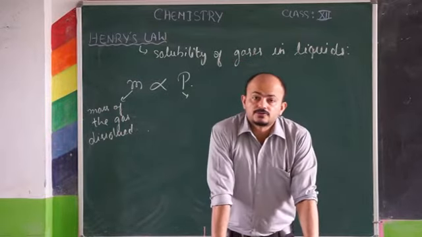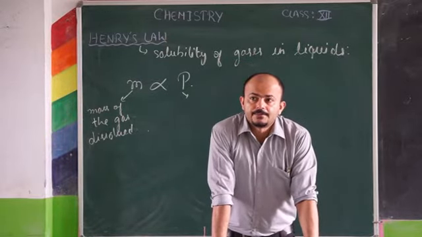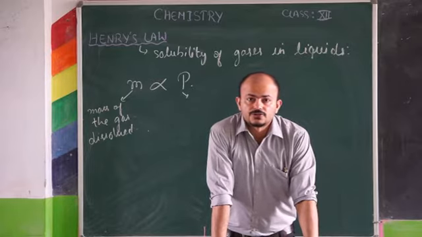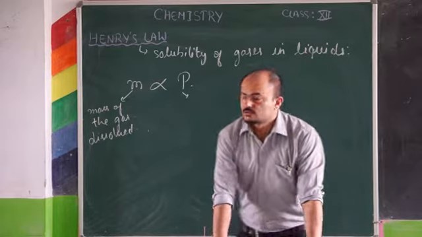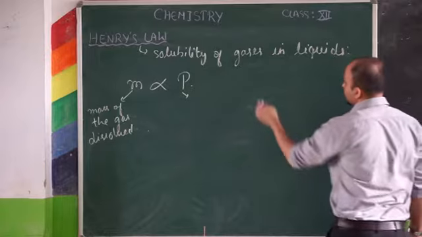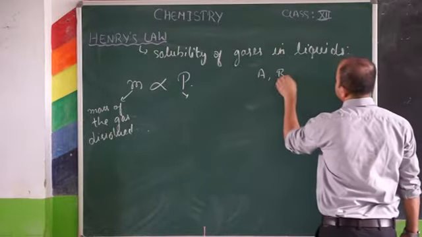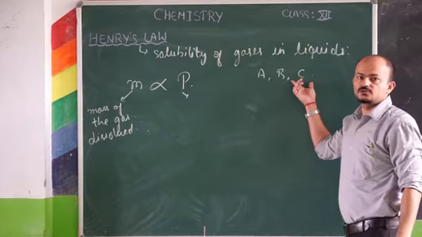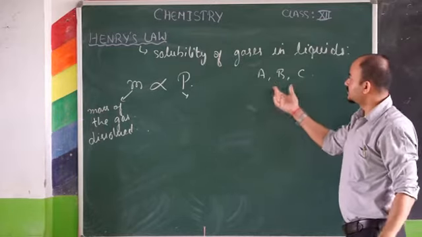Now this law can also be applied whenever you have many gases dissolved in the solution. Suppose you have gases A, B, C, then all of them will contribute to the pressure.